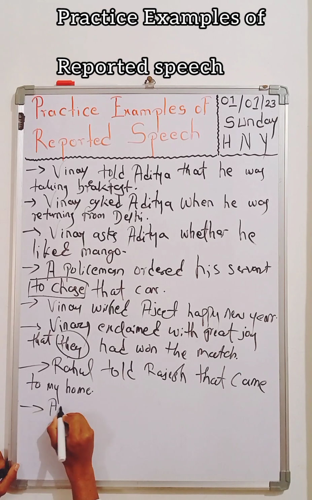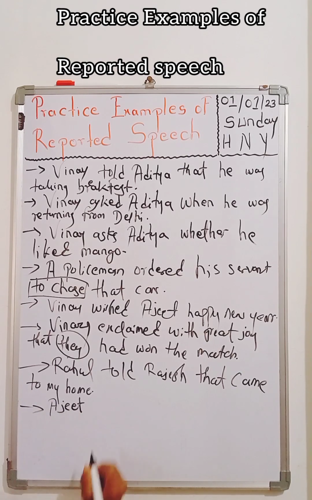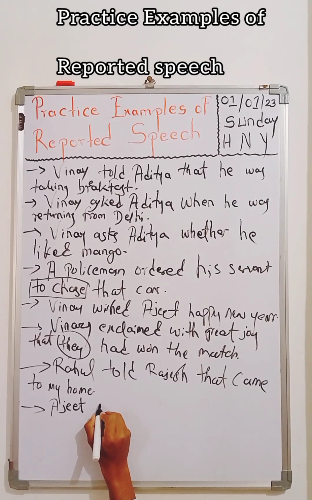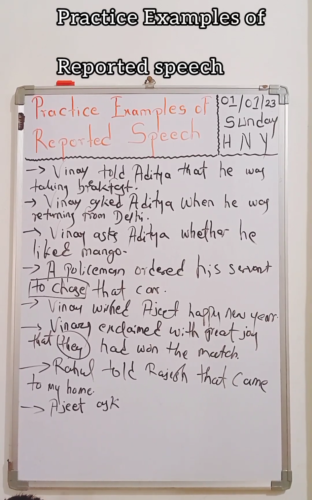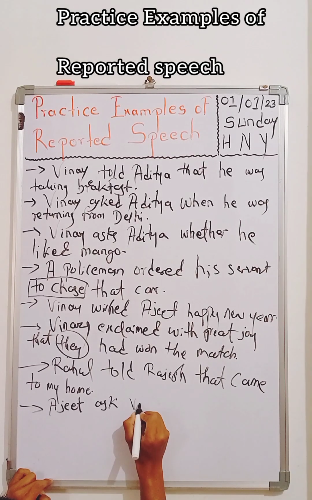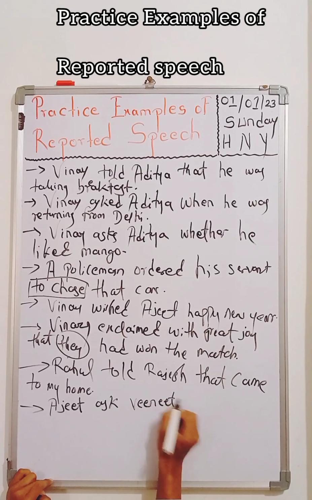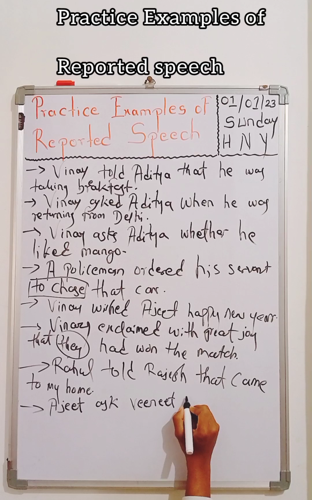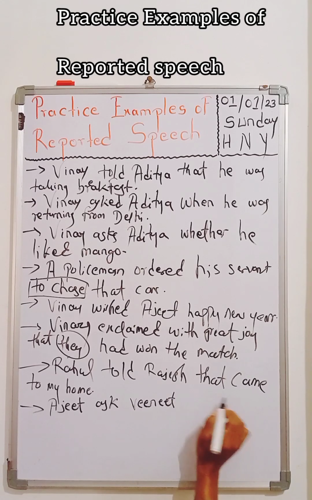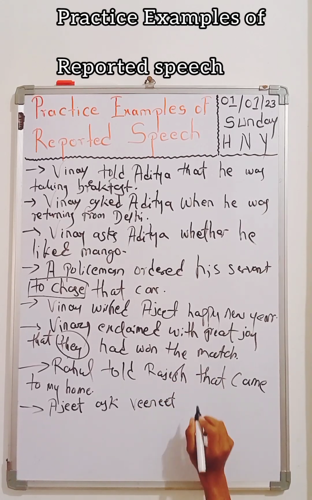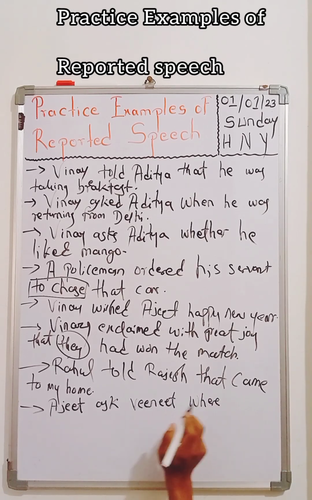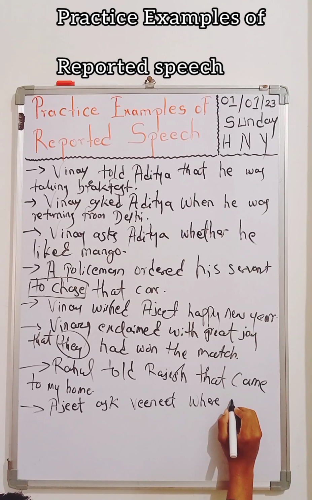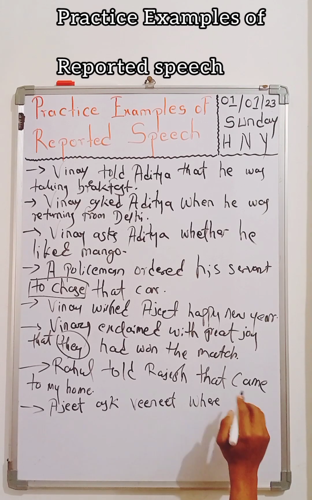Here Ajit said to, we have to convert that into asked. Ajit asked Vinith. Now we have to use as the conjunction the already given interrogative word, which is where. Ajit asked Vinith where he was from.